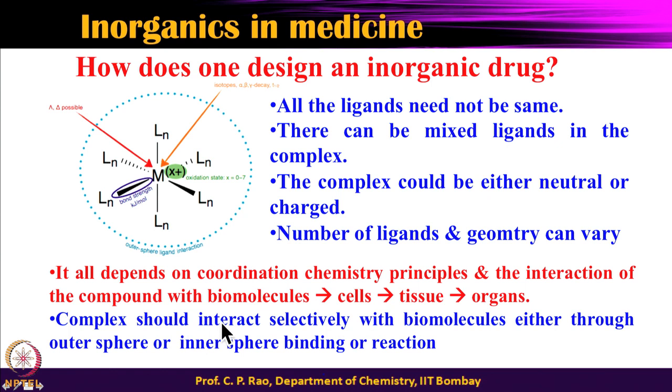So, the complex should interact selectively with biomolecules, either through an outer sphere or an inner sphere binding mechanism. So, what have we looked at so far? We have looked at a very large number of inorganic ions that are important, not only in metalloenzymes, but as drugs. Their salts and complexes, we have seen almost A to Z. They are involved in activities like anti-diabetic, anti-cancer, anti-arthritis, antibacterial, antifungal, anti-HIV, all kinds of activities.